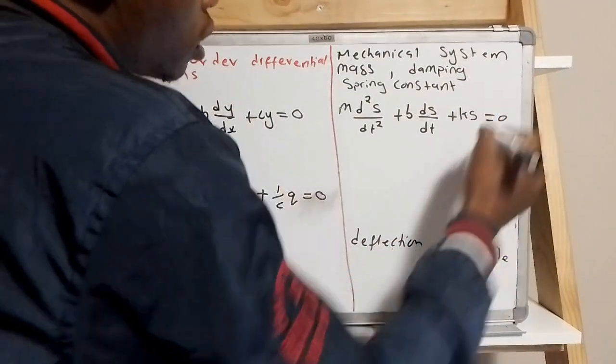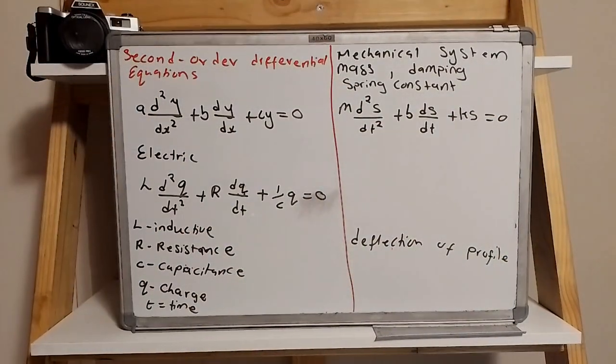This is equal to what? 0. Some books will say spring stiffness, right?